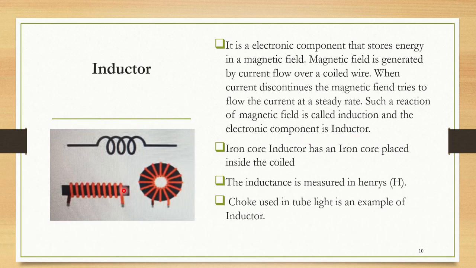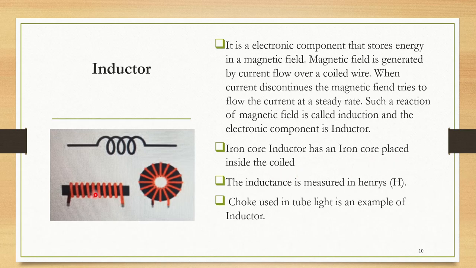In an inductor, there is a coil. When current is supplied here, a magnetic field is created, and when the supply is discontinued, the magnetic field tries to supply the current continuously. The reaction of the magnetic field is called induction, and the electronic component is called an inductor. An iron core inductor has an iron core placed inside the coil.